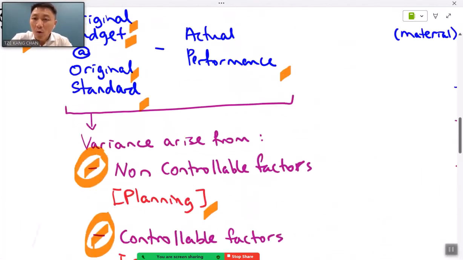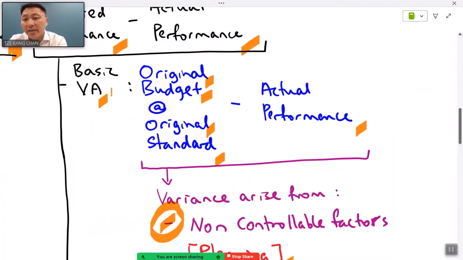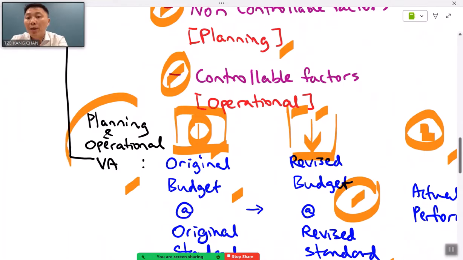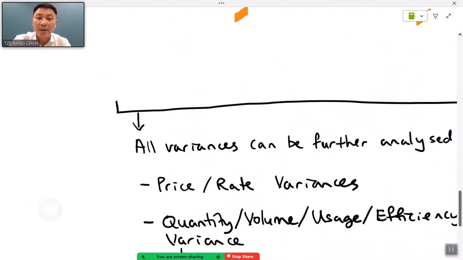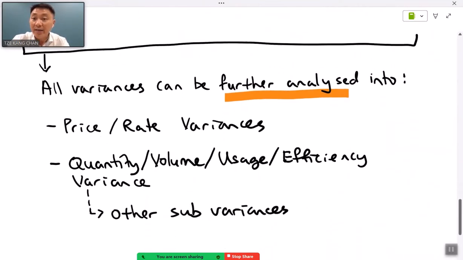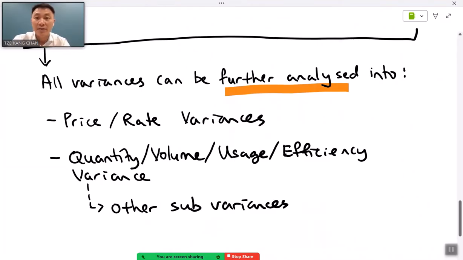Guys, whether it is the basic or traditional variances analysis that we discussed and have in use, or planning or operational variances analysis, all the above variances analysis could be further analyzed into at least two subvariances, namely variances that reflect differences in prices or rates, which are called the price or rate variances.